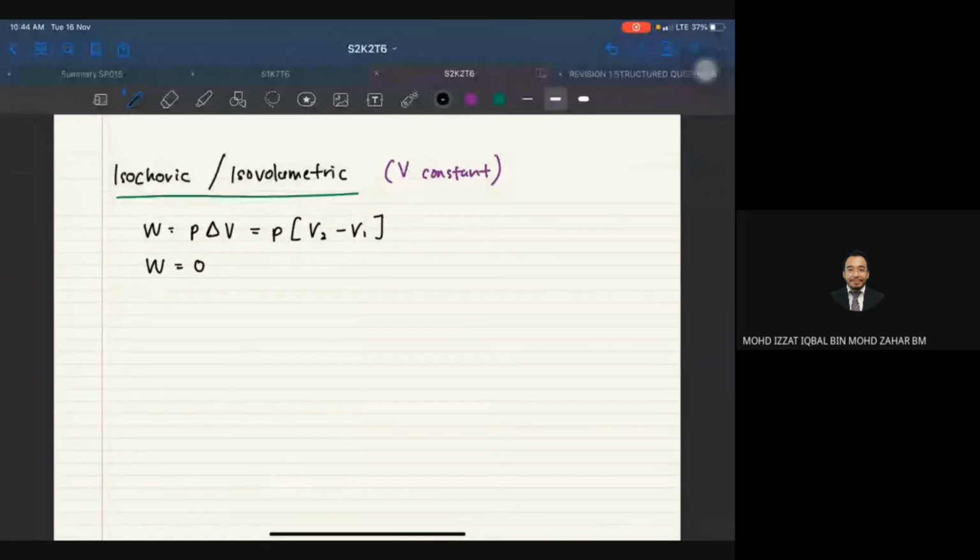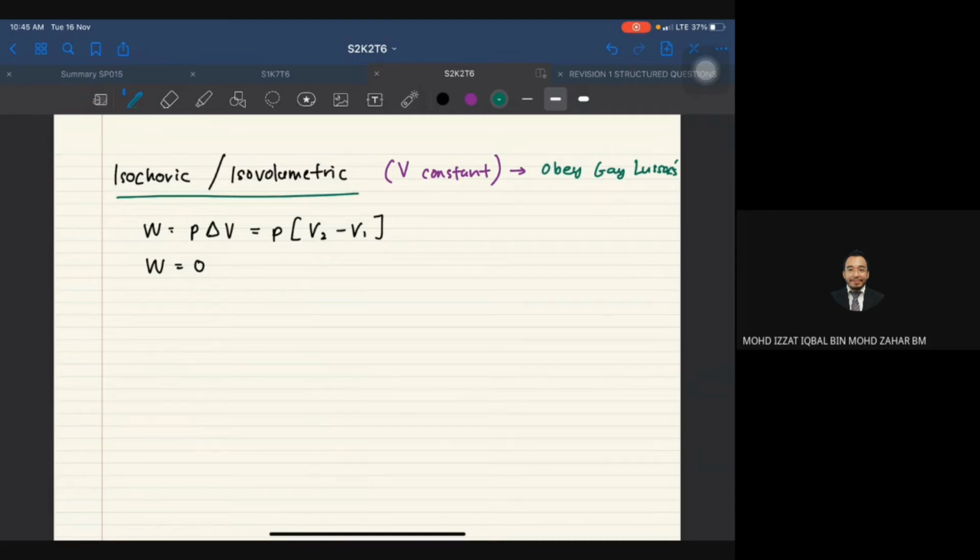Okay. And since V is constant, this one actually obey law apa? Ingat lagi tak? Apa? Gay-Lussac. Dia actually obey Gay-Lussac law. Macam mana?